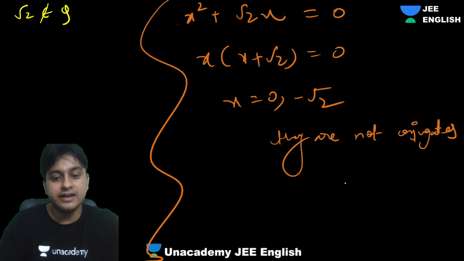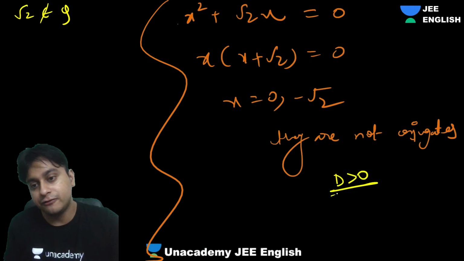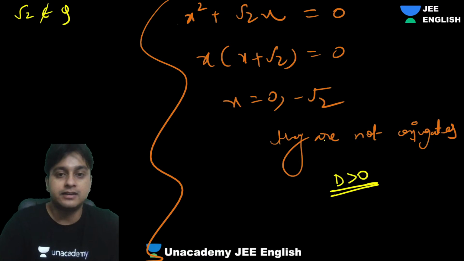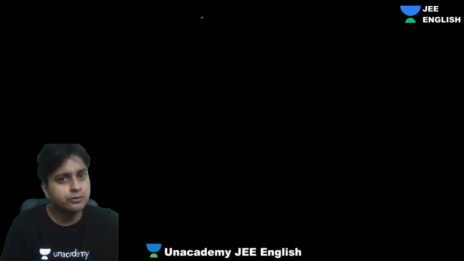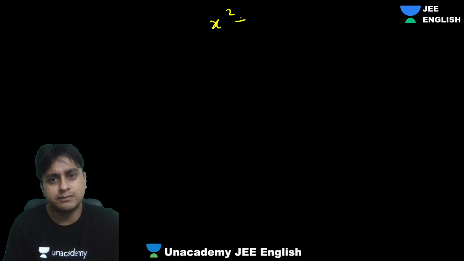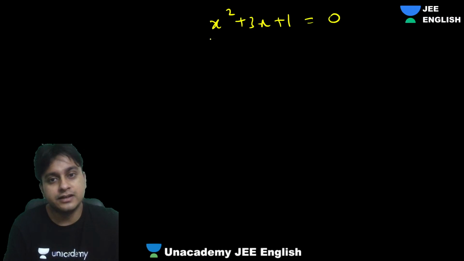See, guys, if any quadratic you take, if the discriminant is greater than 0, and one root is irrational, let's suppose I take one equation like x square plus 3x plus 1. So if you have this, what are we getting?